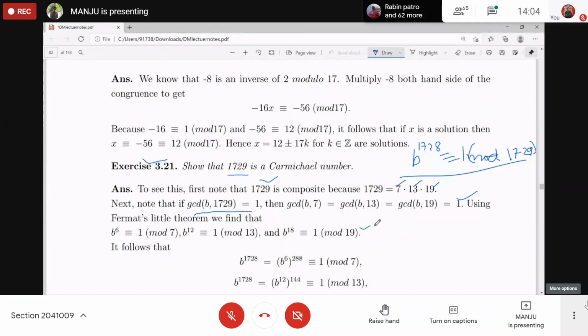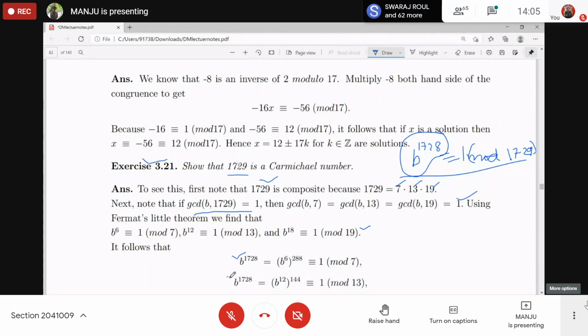So we got this till now, right? So how to make it 1728, because that's our goal. So take 288 power on both sides. 1 raised to power 288 will give you 1, and on the left hand side, you will get b to the power 1728. And here, take the power 144 on both sides.